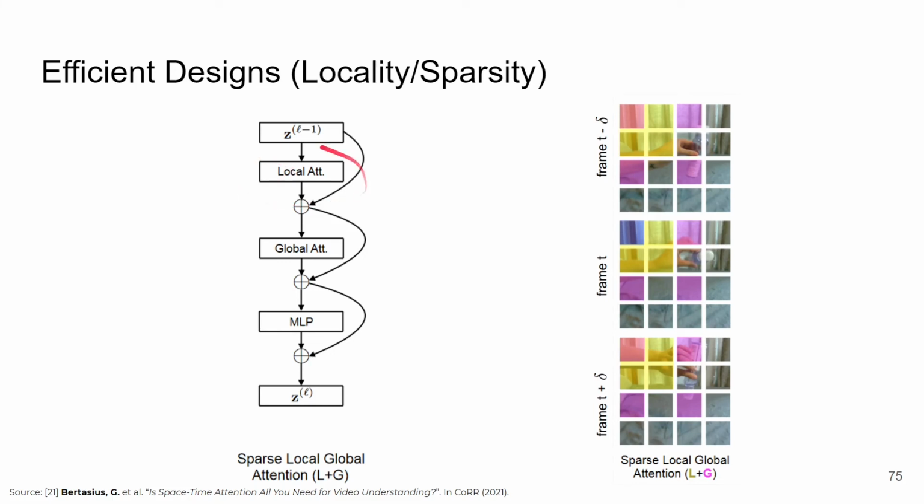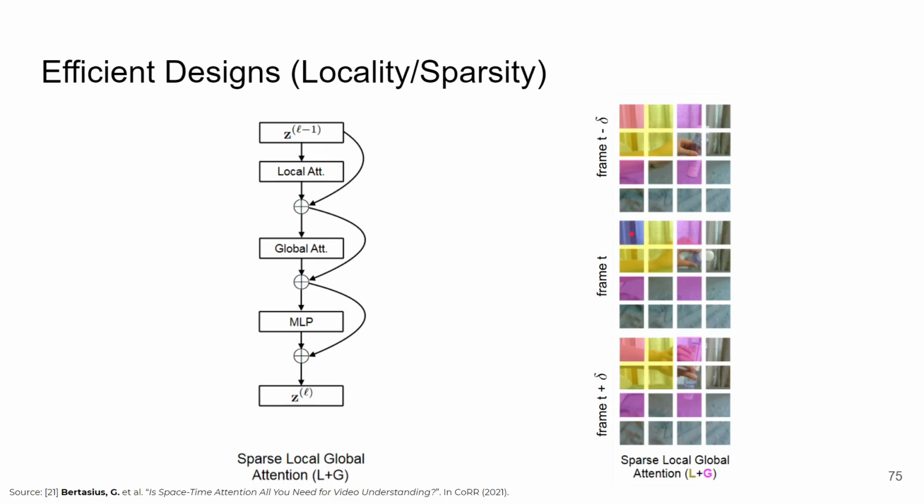Finally, again, as I was saying, this is for video instead of images. Still local and global attention, but the local is going to be dense, while the global is going to be sparse. So imagine we have the current frame. Decomposing the attention, in this particular example, this would be the query.